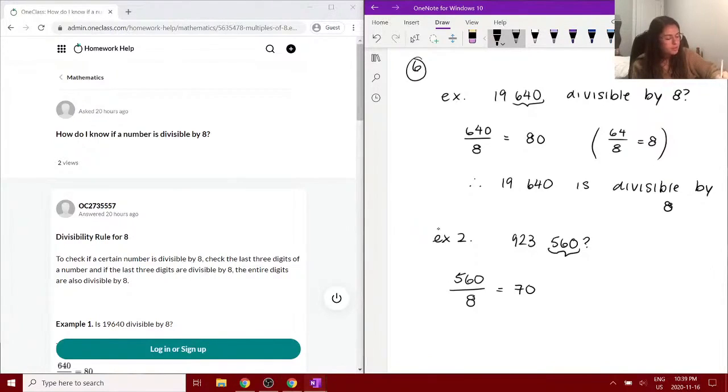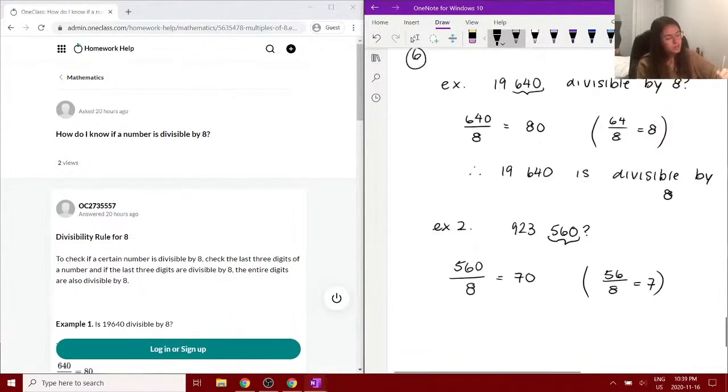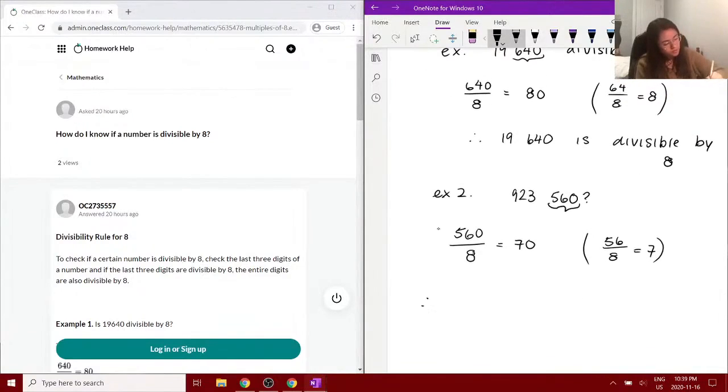And we do know that this is equal to 70. Remember, in this case, we just ignore the zeros. We have 56 divided by 8. You know that's equal to 7. So therefore, 560 divided by 8 is equal to 70. So therefore, you know that this entire number, 923,560, is divisible by 8.